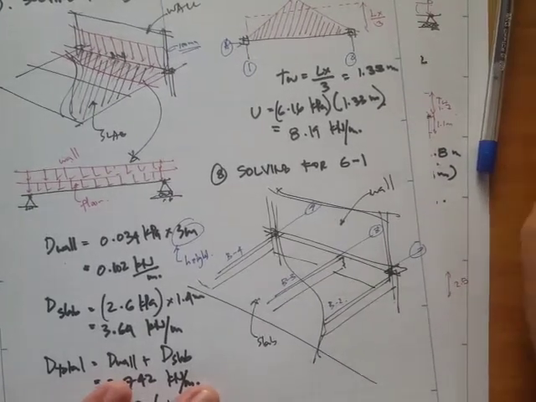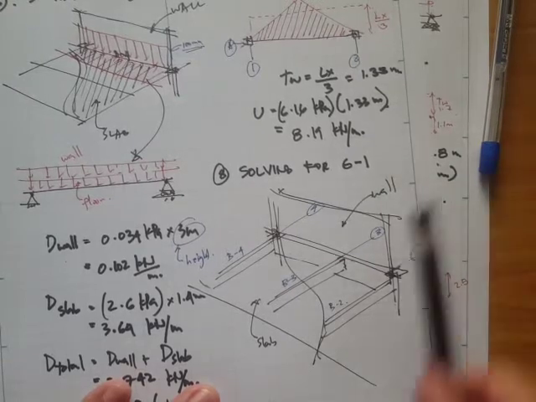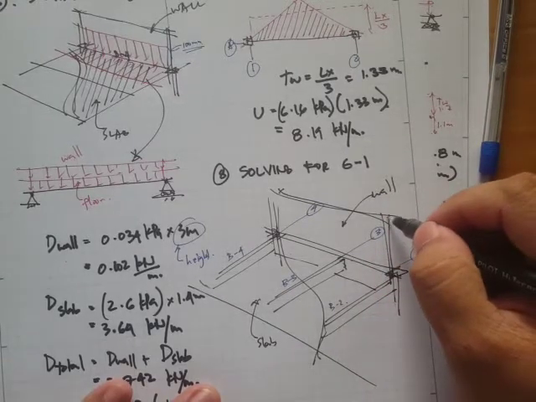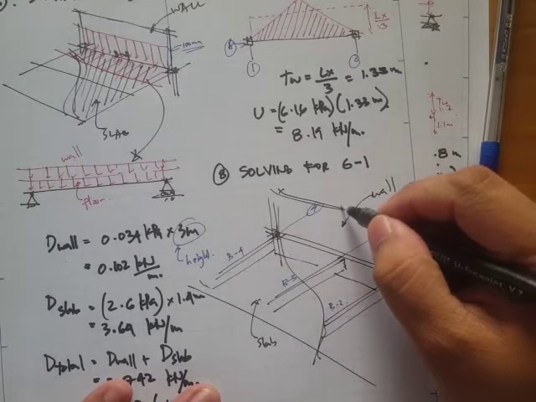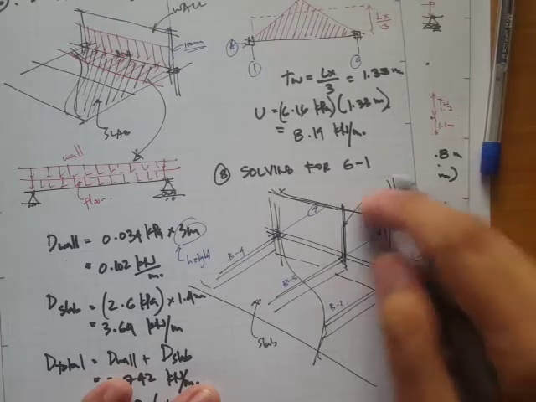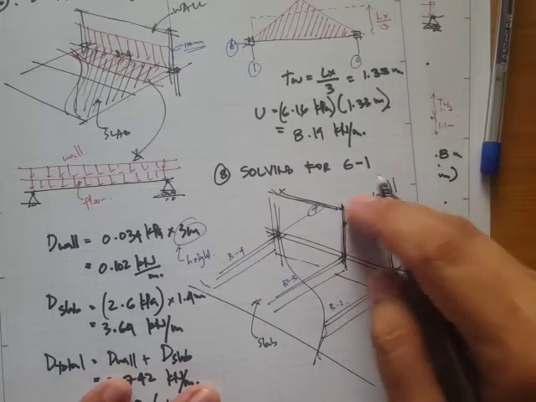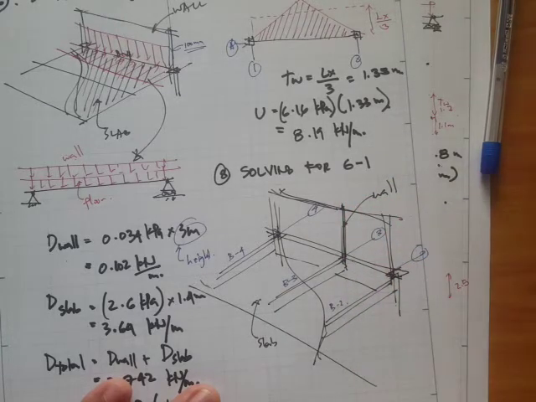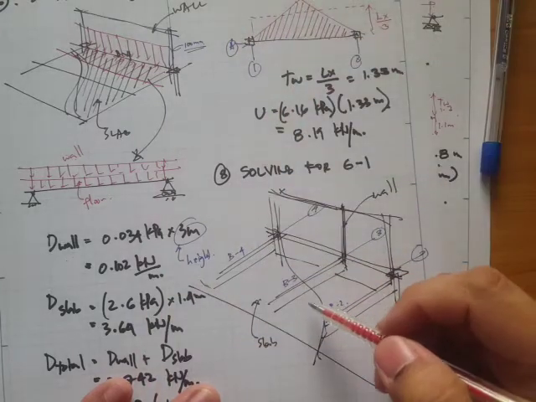The wall would only extend up to balloon 3 only. So this is just the wall. So there's no wall on this portion.